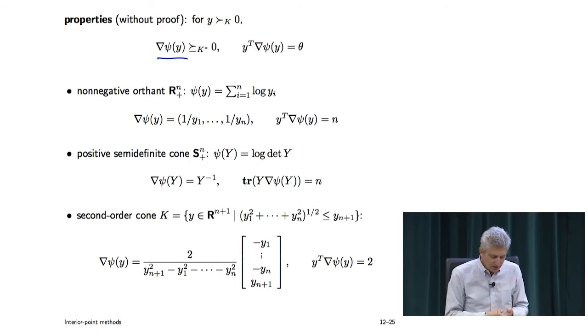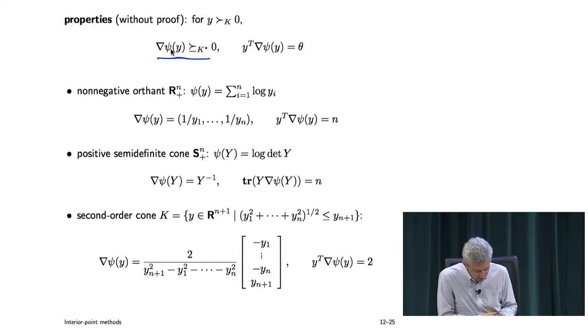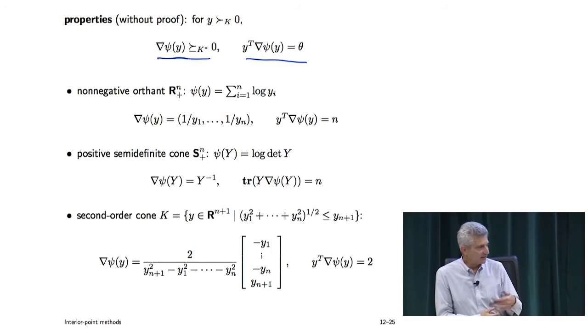But to express that in terms of the derivative, the gradient should be non-negative in the dual inequality. So this says it's monotone. And what this says is that y transpose times the gradient is just theta. It's constant. That follows from this log thing and the homogeneity property.